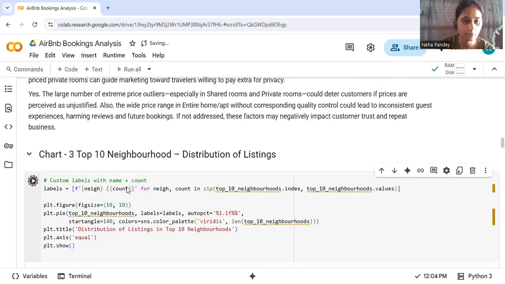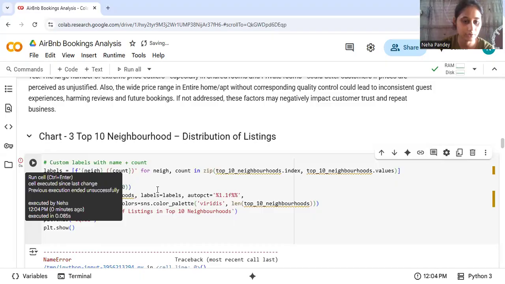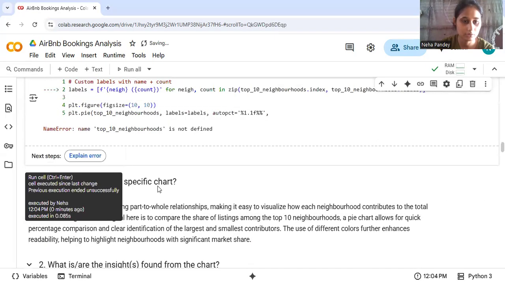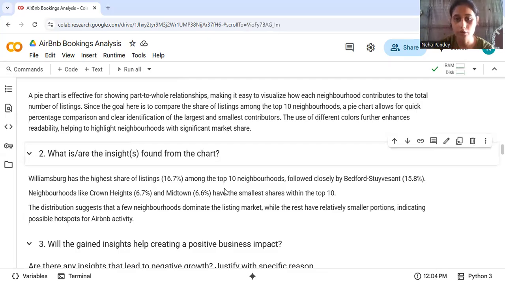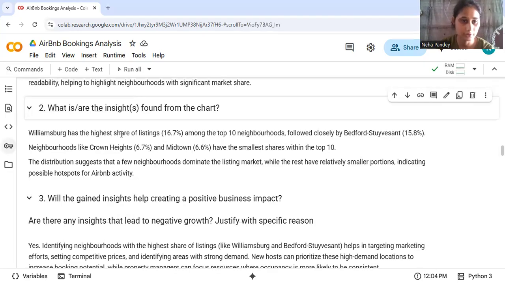Top 10 neighborhood distribution of listings. The pie chart is effective for showing part-to-whole relationships, making it easy to visualize how each neighborhood contributes to the total number of listings.